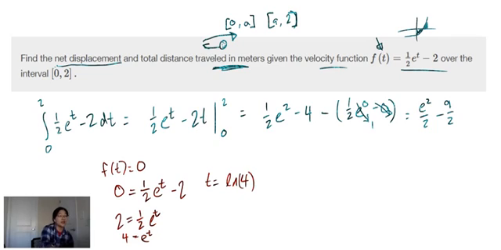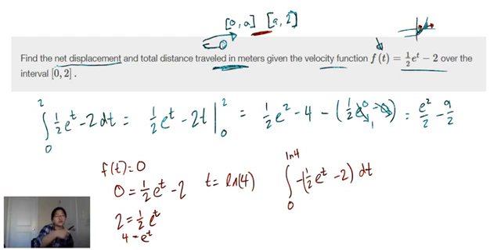So our a, in this case, this breakpoint between going from negative direction to positive direction, is at natural log of 4. So we need to break this up into two different integrals, from 0 to natural log of 4 of the negative of 1/2 e to the t minus 2 with parentheses around there, dt. That's one way of doing it.